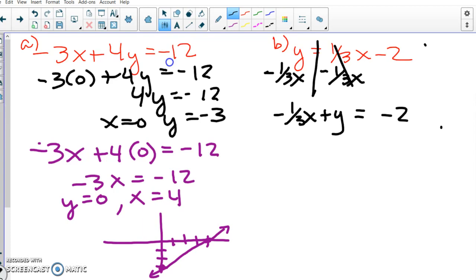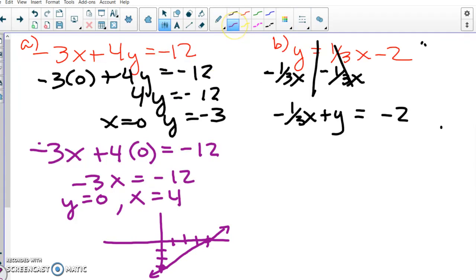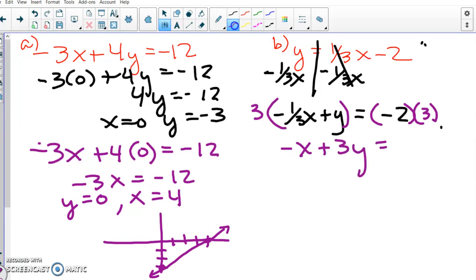One of their suggestions to alleviate your frustration with fractions, we can take a value and multiply every single term by that number. If I were to take this function, multiply this side by 3, I'd have to do the same thing on this side, multiplying that by 3. I would get -x plus 3y equals -6. And we can see that's a much lovelier function to deal with.